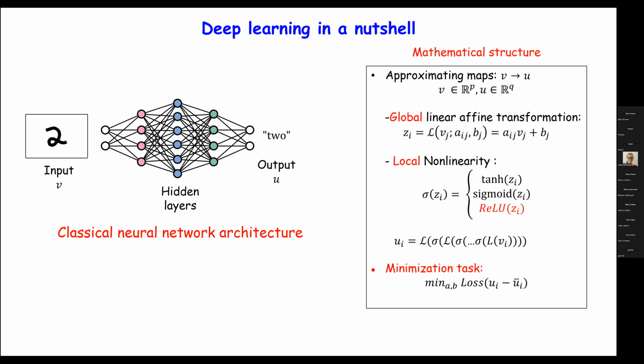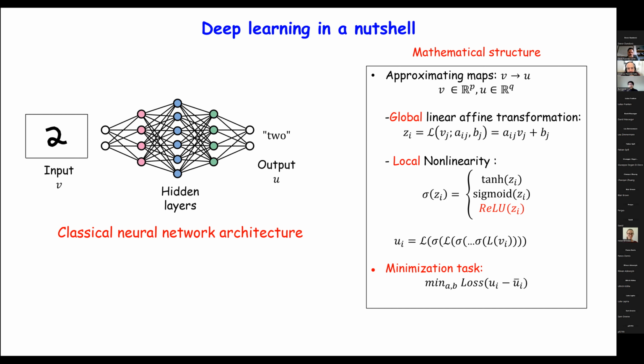Given an input v in R^p and u in R^q, which are both finite dimensional Euclidean spaces, what a neural network does is first apply a global linear affine transformation to the input, and then apply a local nonlinearity, which can be the hyperbolic tangent function, sigmoid, or ReLU. The combination of the global linear affine transformation and the local nonlinearity forms the so-called layer of a neural network.